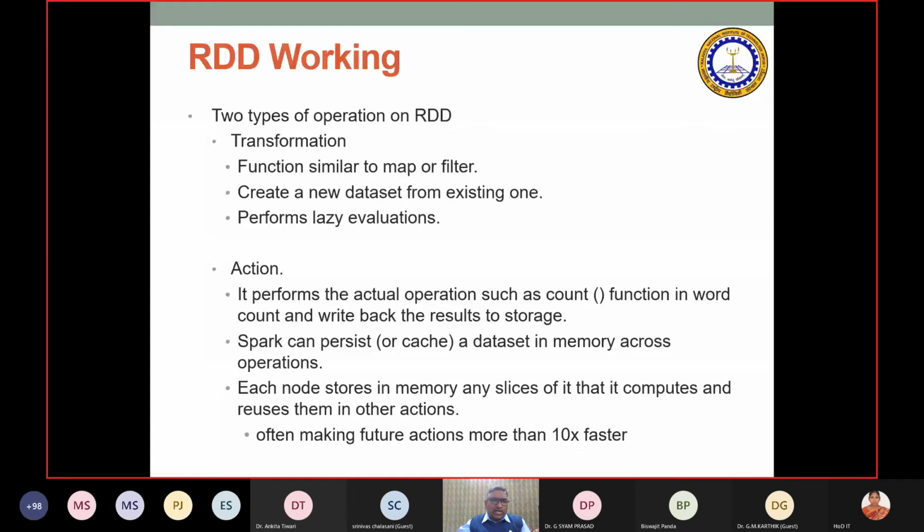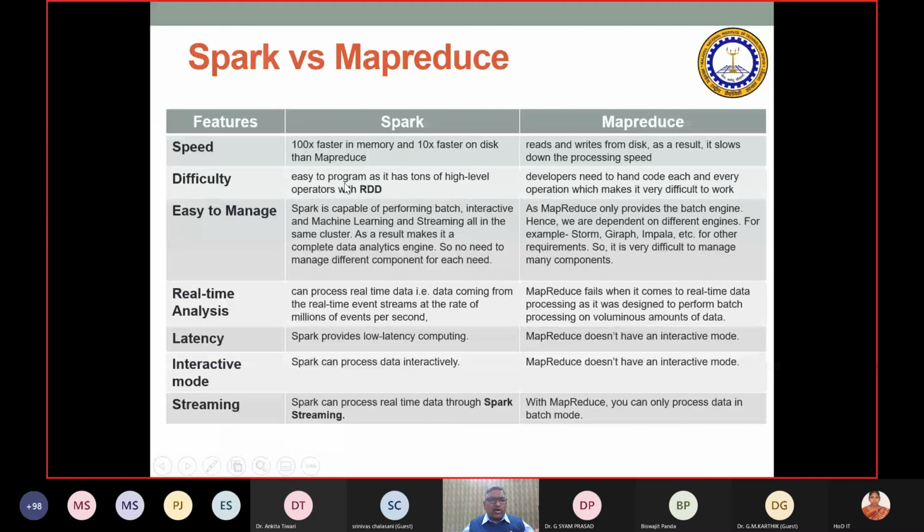One is the transformation, the second one is the action. You can look at some of the transformations and actions, like filter, reduce, union, join, co-group, count, collect. These transformations and actions will help. And the advantage, as you look at, is Spark is 100 times faster, and you have a lot of high level operators with RDD, as we have seen.